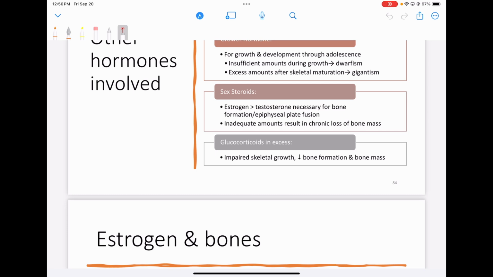The problem is, as you take too much cortisol, too many steroids, it can actually weaken the bones. So one of the side effects of chronic steroid use is osteoporosis. So if you have a patient who has rheumatoid arthritis, what would you think would be very important to check on that patient every year? Bone density, very good. And that's why you start incorporating those things into your patient education for your patients.